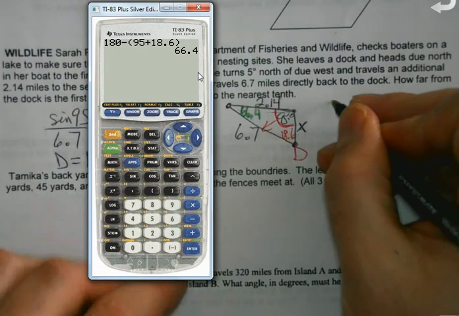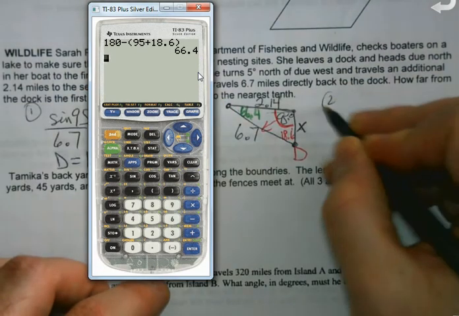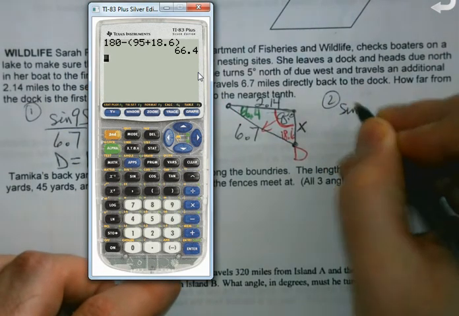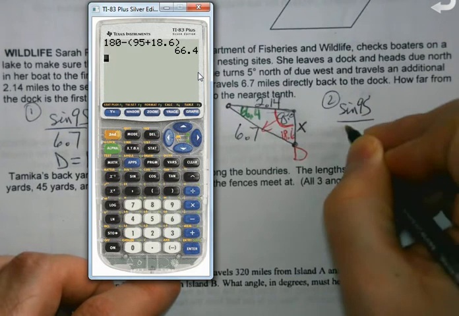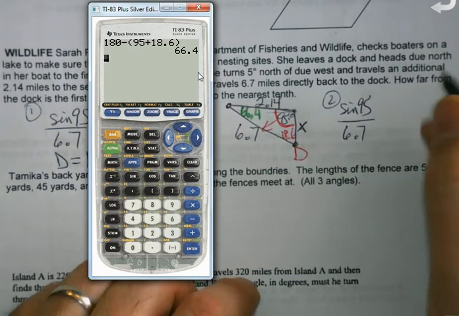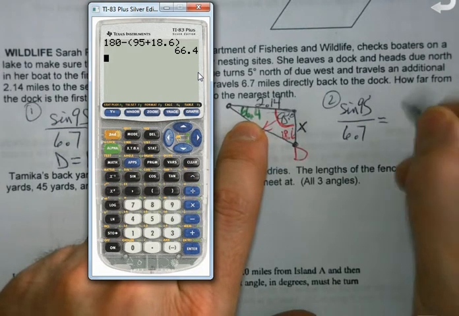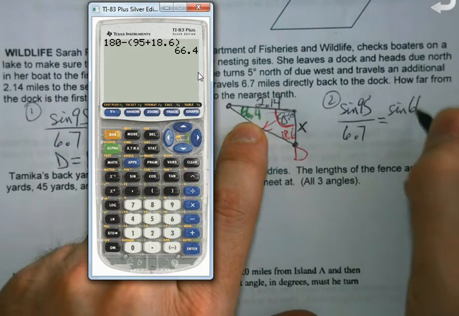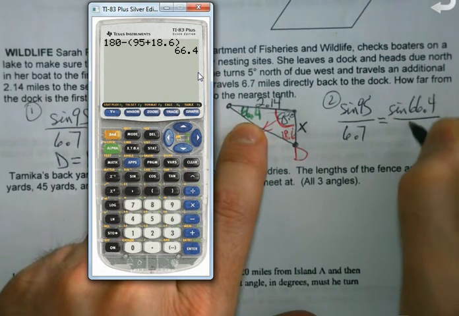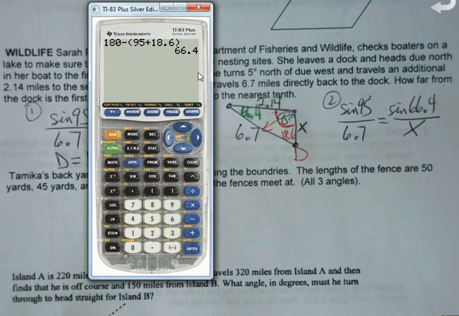So again, my last part, take that original part that we've got, so my corresponding side and angle, and now I know my angle, I need to know what the side's going to be.